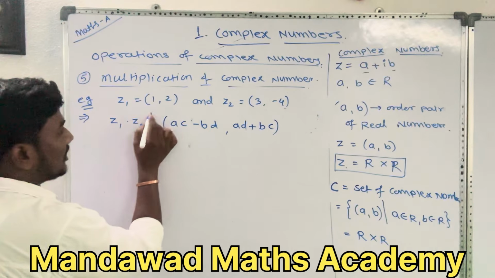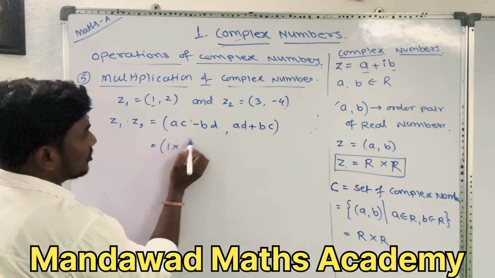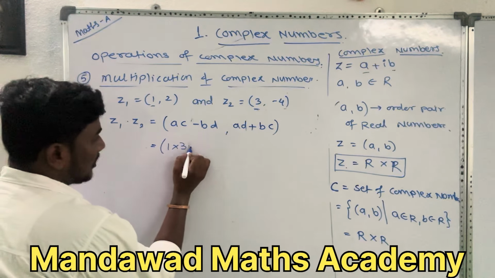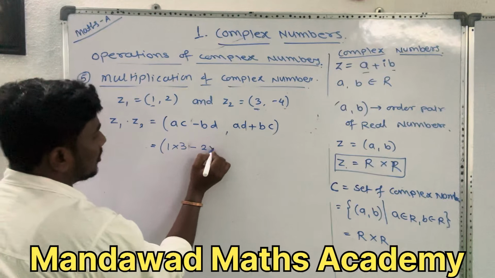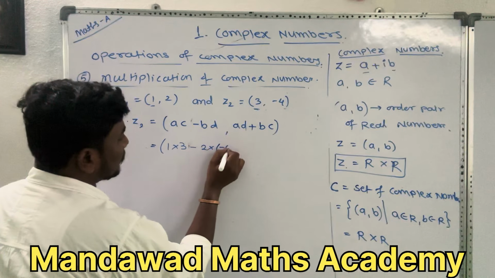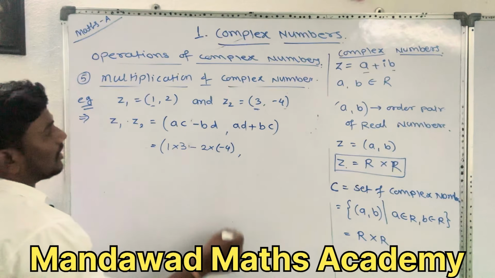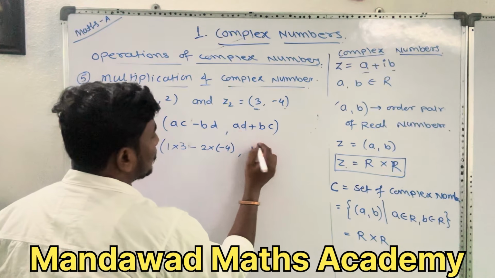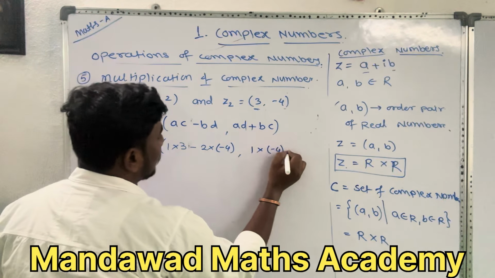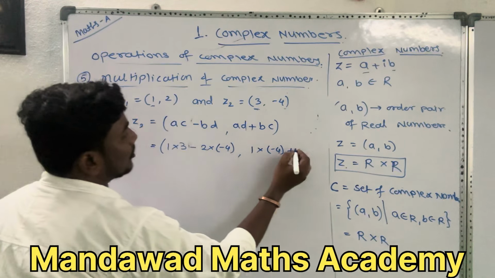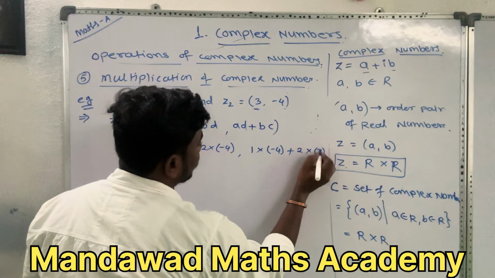So what is the value of A here? 1. You can write 1 into C is 3, minus B is 2 into D is 4, comma, A is 1 into D is 4 plus B 2 into C is 3.